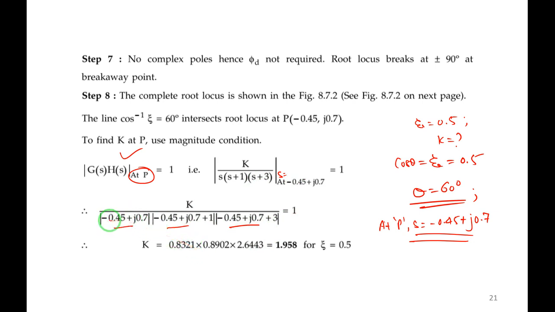You take the magnitude, under root of 0.45 square plus 0.7 square, and it is 0.8321. Similarly for the others. Multiply all the magnitudes and you will get 1.958. For z equal to 0.5, I am getting the k value as 1.958.